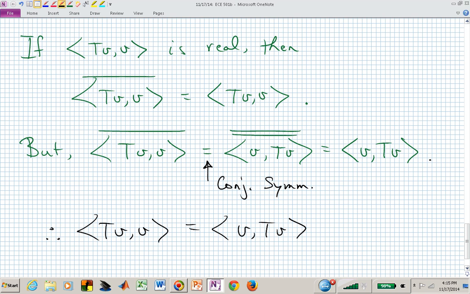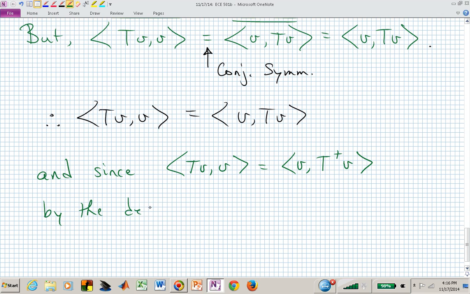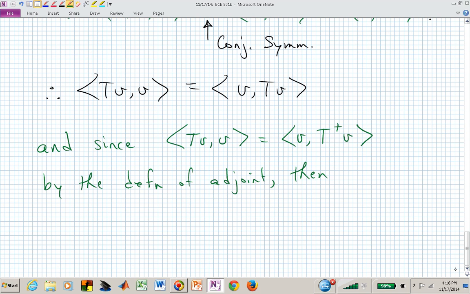And now we can say, therefore, and since ⟨TV, V⟩ is equal to ⟨V, T† V⟩ by definition of the adjoint, then comparing the second slots in those last two lines tells us that T† is equal to T. So it's self-adjoint.